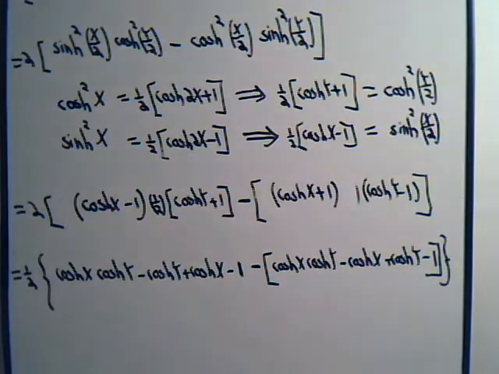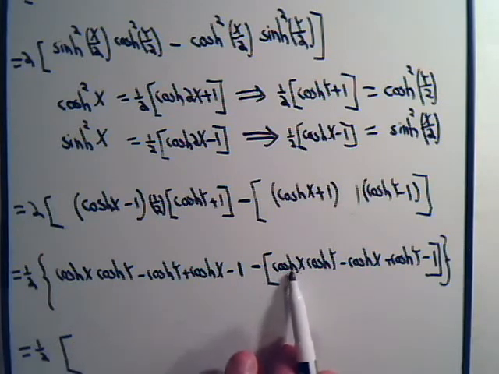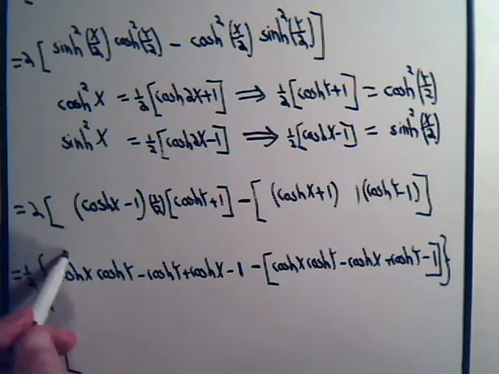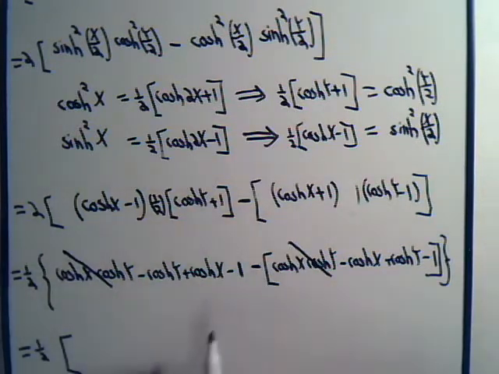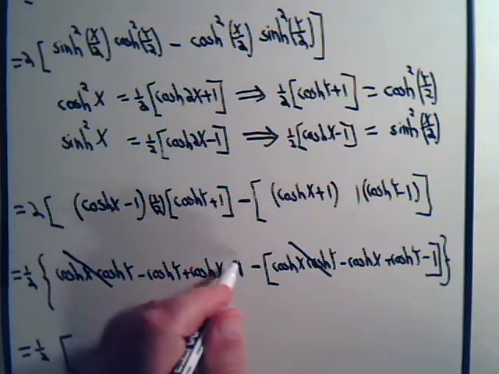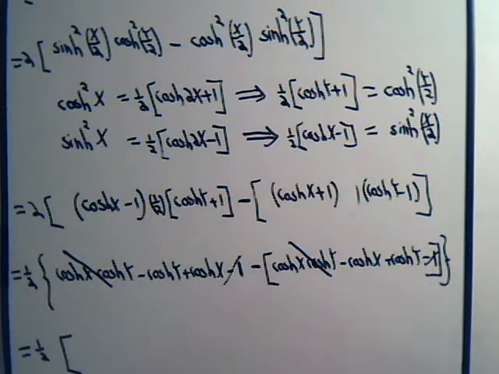Okay, and let's see what this leaves us with. Here we have 1/2 times hyperbolic cosine of x, hyperbolic cosine of y, minus that. So it looks like these are going to drop out. Minus 1 minus minus 1, looks like those will drop out. Plus the hyperbolic cosine of x minus negative hyperbolic cosine of x.